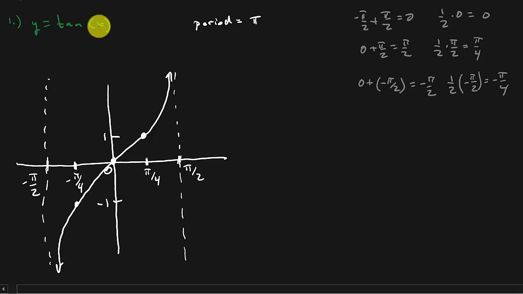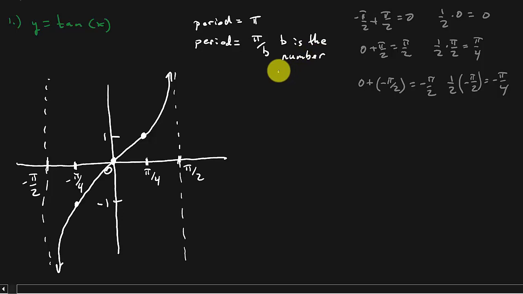How do we find the period? Well, the period is equal to pi over b, where b is the number in front of x. In this case, the number in front of x is 1. But this is how you would find the period.